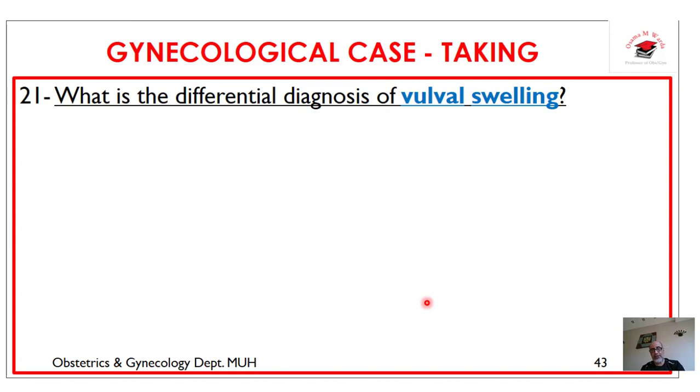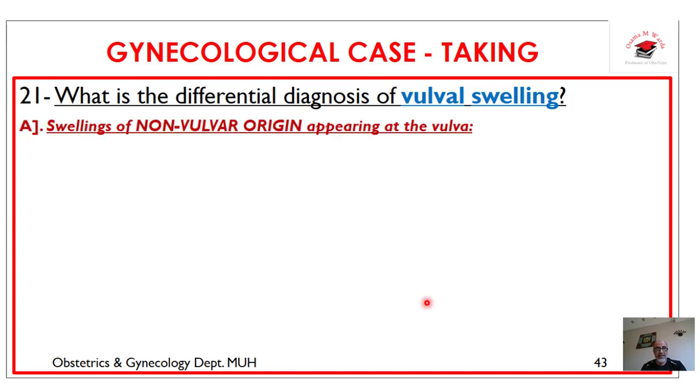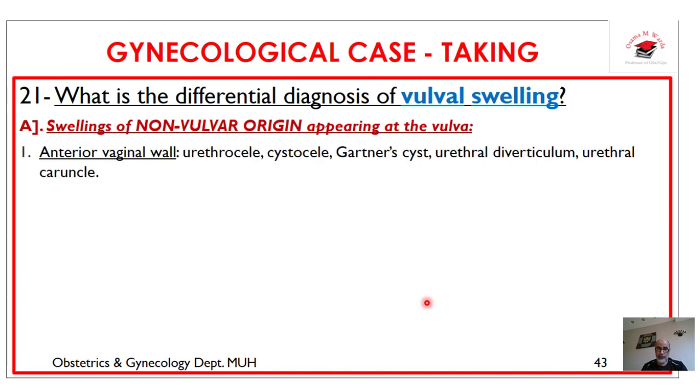Differential diagnosis of vulval swelling is classically divided into swelling of non-vulvar origin appearing at the vulva and swelling of vulvar origin. We start with swellings of non-vulvar origin. Anterior vaginal wall: cystocele, Gartner cyst, urethral diverticulum, and urethral caruncle.